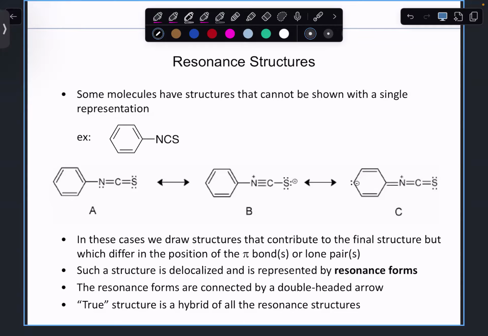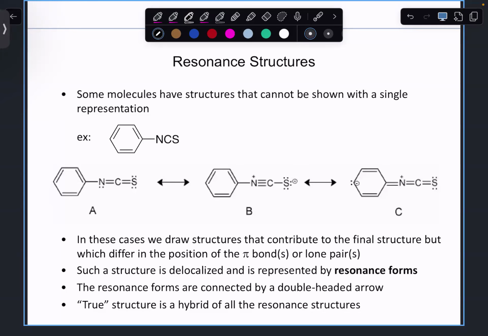And notice what else has changed. This nitrogen did have a lone pair of electrons. It is no longer present. The reason the nitrogen doesn't have the lone pair anymore is that the way we got that triple bond is we pushed this pair of electrons into the carbon to make that third bond.